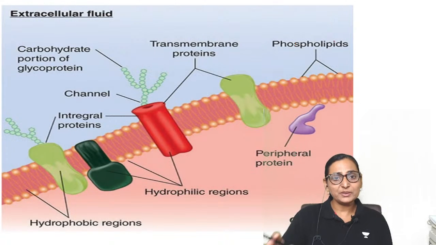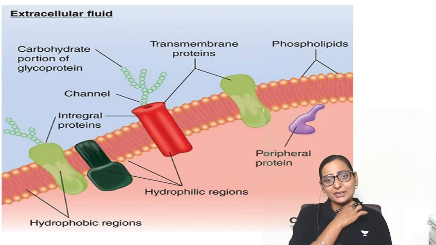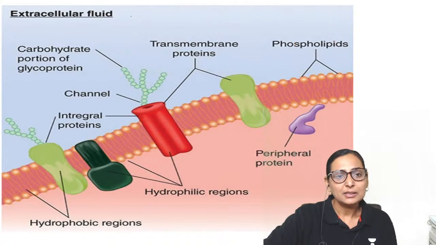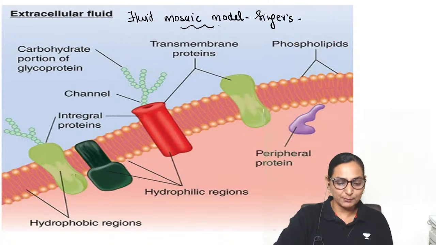Now remember, when we speak of the cell membrane, it is something very easy, but definitely you need to have a detailed structure of the cell membrane nicely. This is called the fluid mosaic model, which was given by Singer.